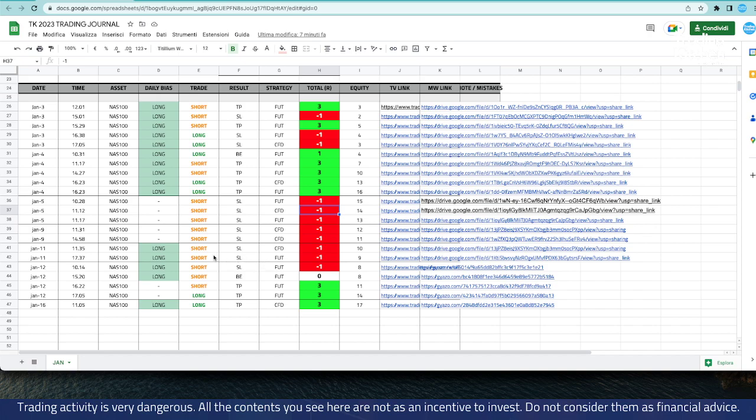This is my mistake, because I probably had too much self-confidence in my skills or my strategies, and I just didn't want to stay away from the market, so I hurried to open a trade, and these are all the results.